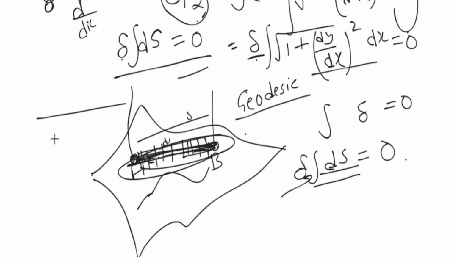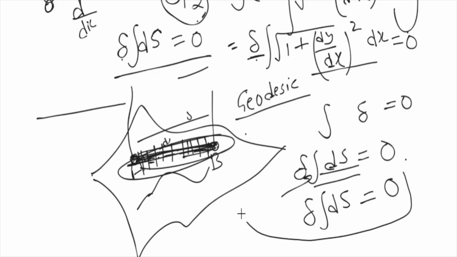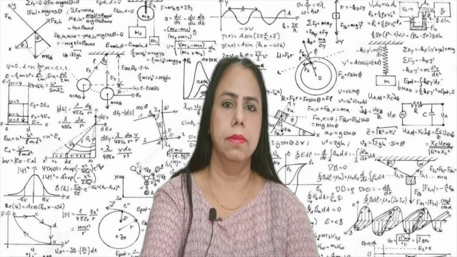So the principle of least action is that the variation of action, S being the action, is equal to 0. This is the principle of least action.